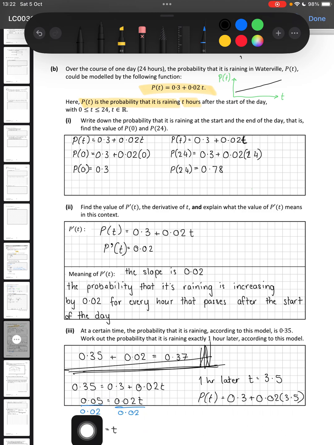Initially I was subbing in 2.5 by the 0.02, now it's increasing by 1. So I would get 0.37 for P of 3.5. So if you didn't spot how to use this derivative here, you could have done it out like this and you would have still gotten the same answer. It would have just taken you a little minute longer.